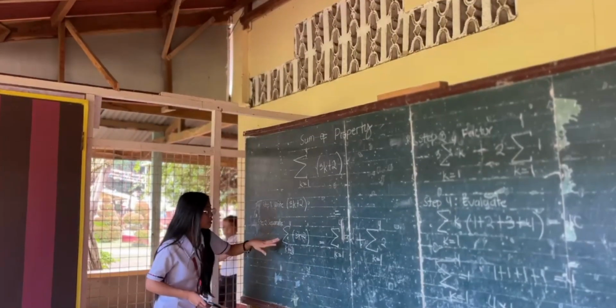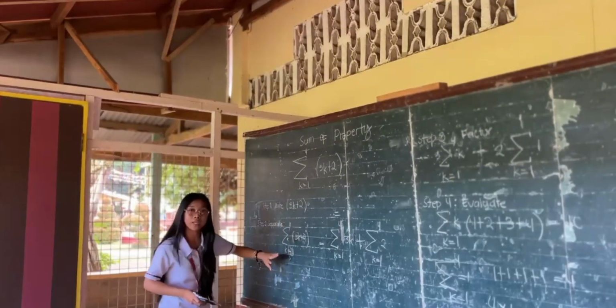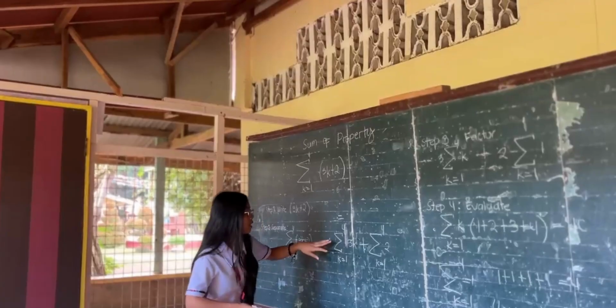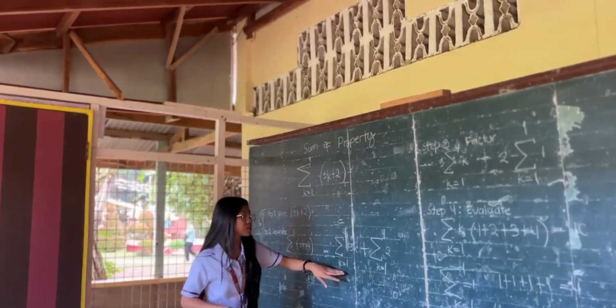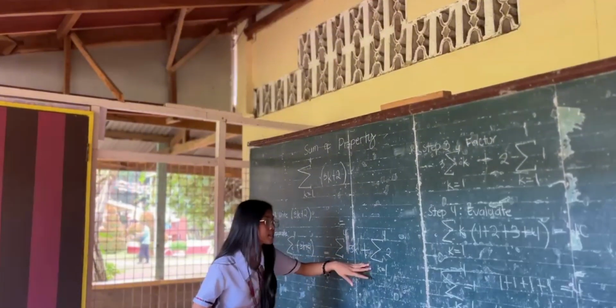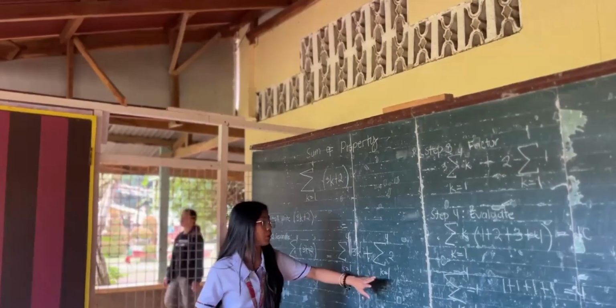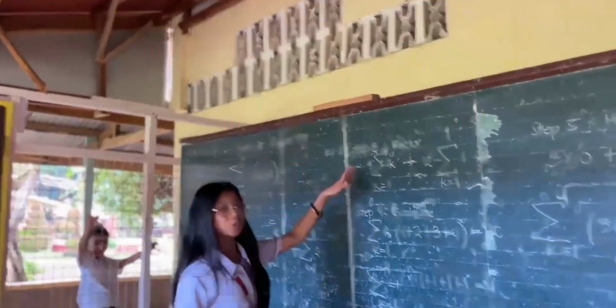We're going to separate the summation of the quantity 3k plus 2, where k equals 1 to 4, into the summation of 3k, where k equals 1 to 4, plus the summation of 2, where k equals 1 to 4. Then, we're going to factor in step 3.